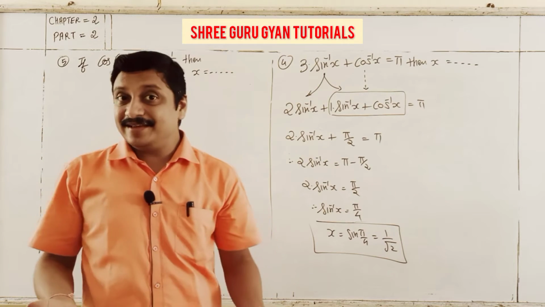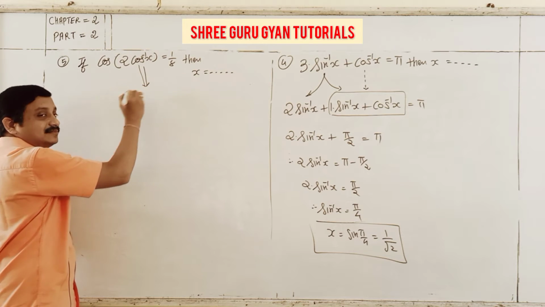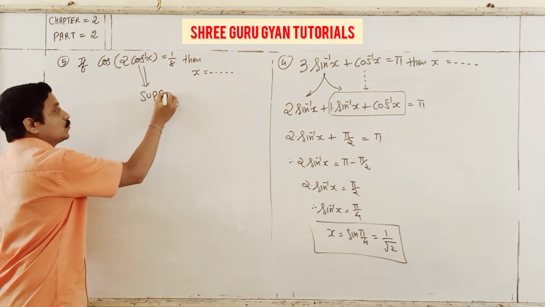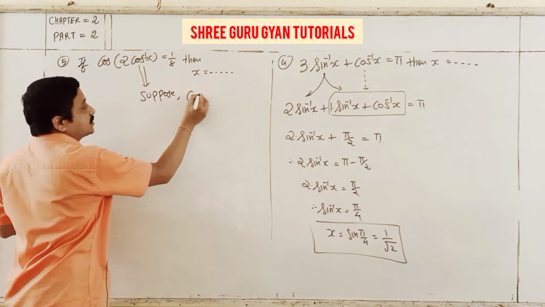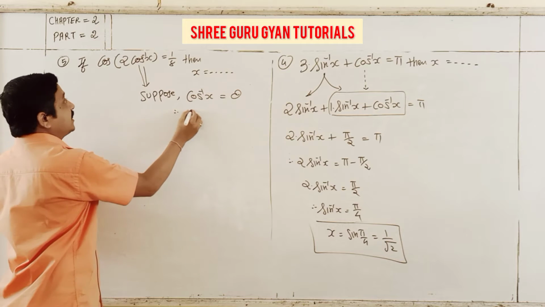So, very easy. Here, for this inner part, you just suppose theta. Suppose cos inverse x is theta. Definitely x becomes cos theta.